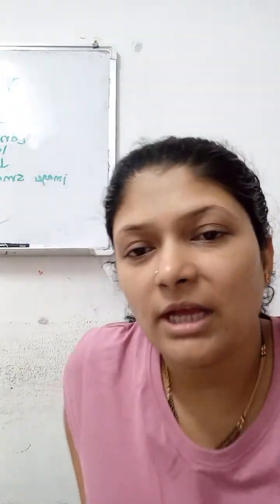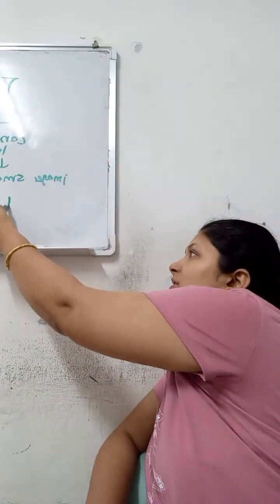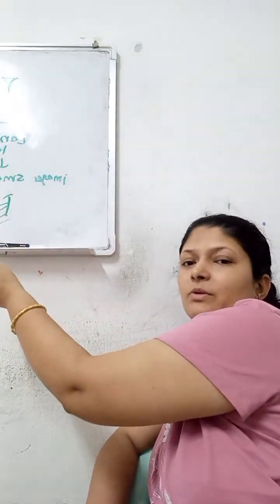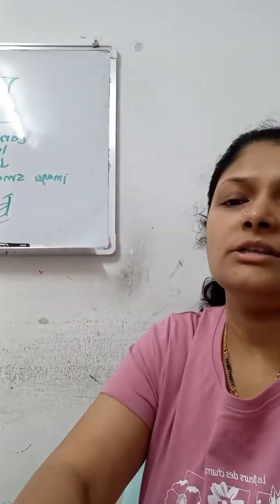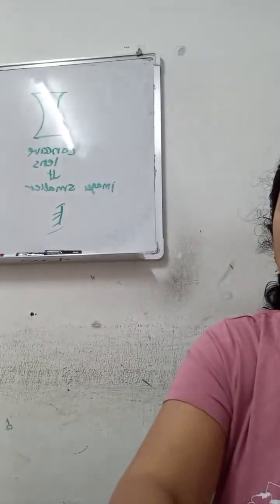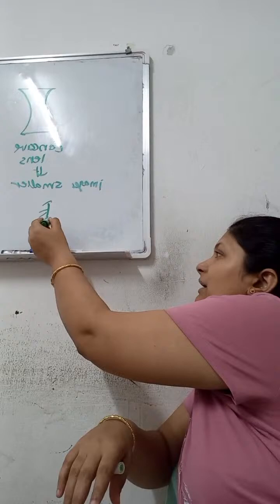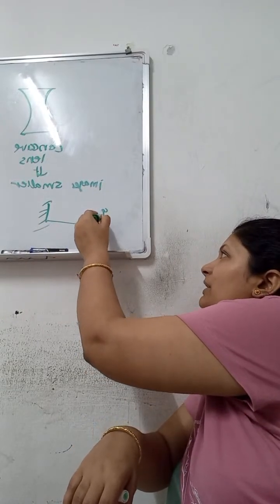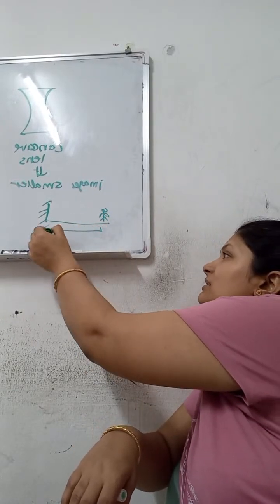See, I will try to show here. This is the plane mirror. Okay, can you see here? This is the plane mirror, and Anita is standing somewhere here. Okay, this distance is 4 meters.